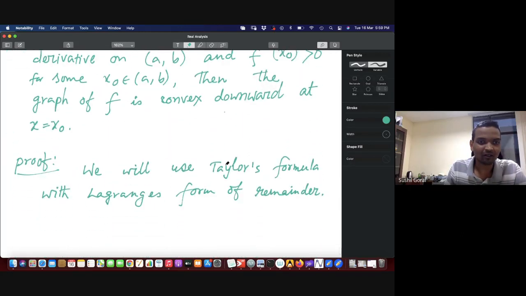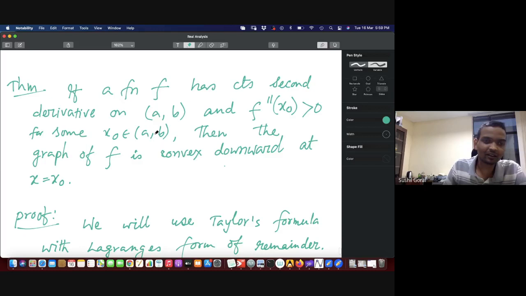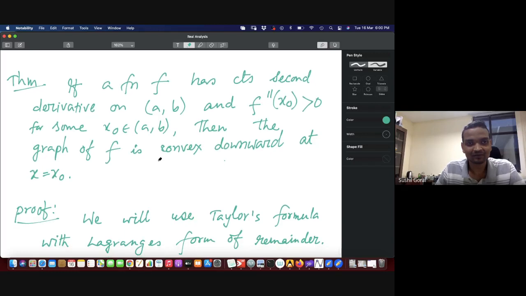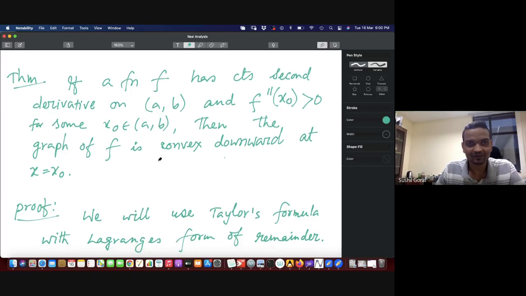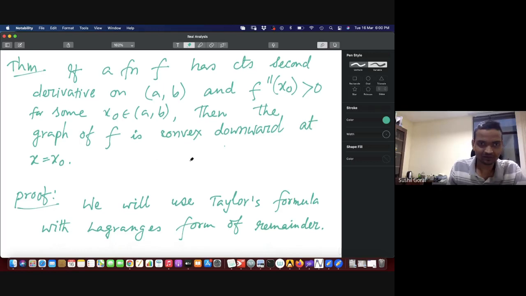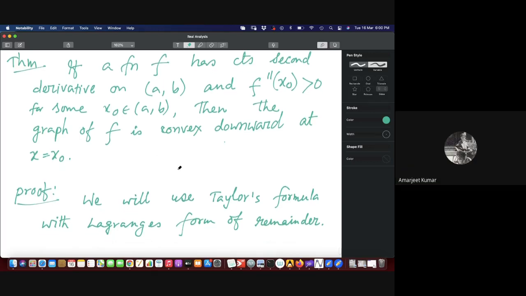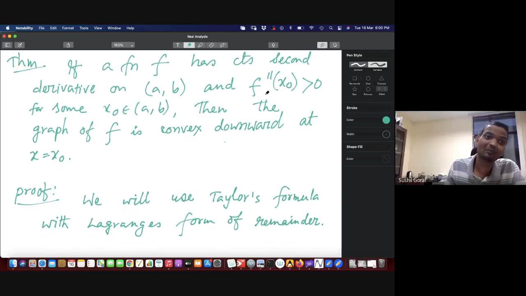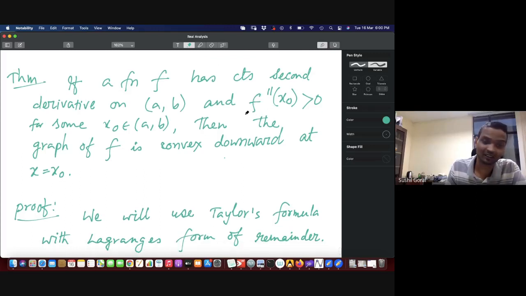Now, how many derivatives do I take in the Taylor formula? Till how many derivatives? Two. The remainder term will have the second derivative. We don't know whether it has the third derivative or not.